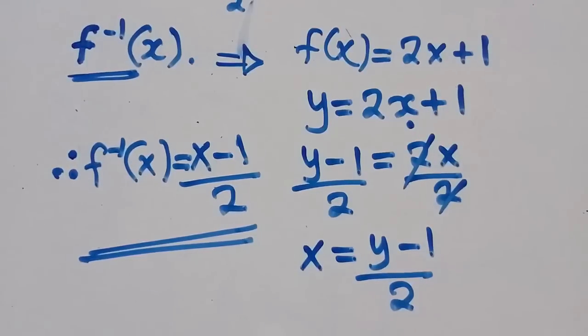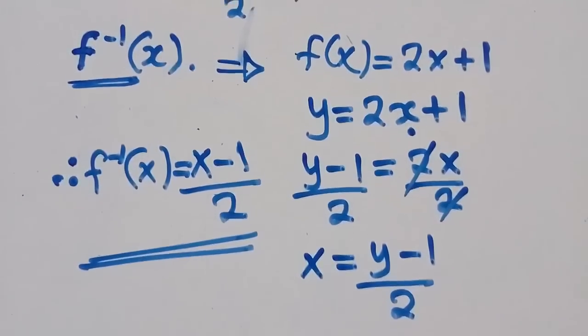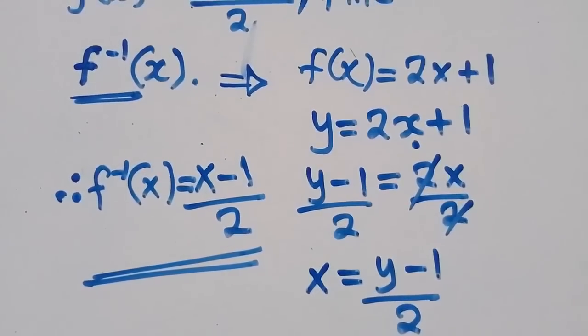These are procedures that you need to do, so make sure you understand the concept very well. I've done a lot of videos on this. If you are not understanding this part, you can check through my channel, where you are going to see a lot of videos under functions.